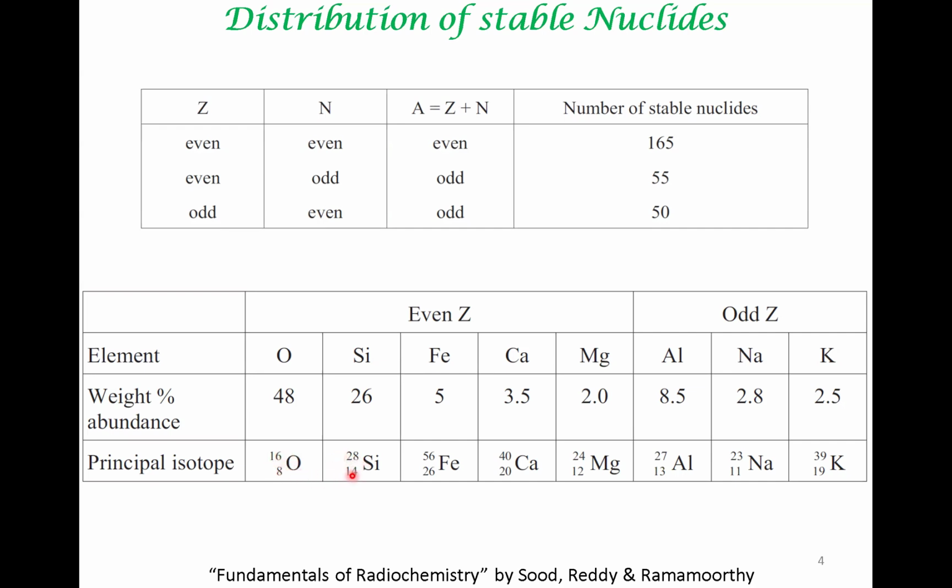Likewise, silicon also has an even distribution, as does iron, and so on. The take-home message is that there is something about having an even number of neutrons and an even number of protons that makes the nucleus more stable compared to having an odd number of neutrons and an odd number of protons.